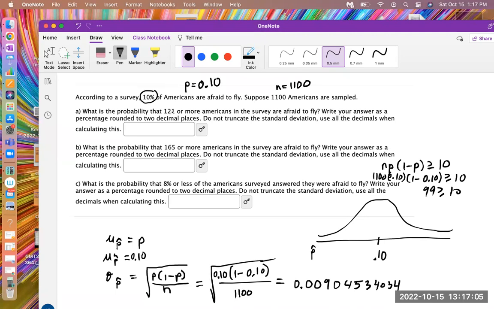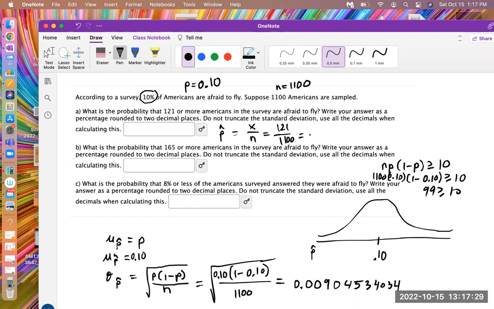What we have to do first here in part A is find the sample proportion coming from 121 being afraid to fly. So the sample proportion is X over N. X here is the number of people with our characteristic, so that's 121 over the 1,100.